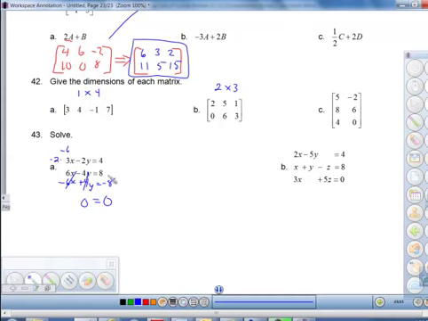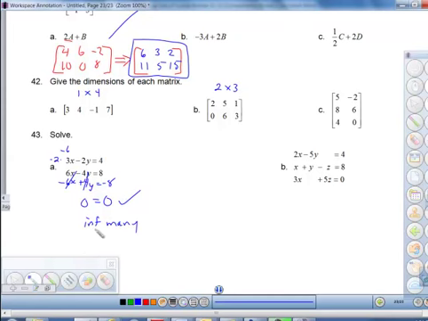Now, here's a weird situation where the variables cancel out. Here I've got a 0 on this side and a 0 on this side. Now look at this statement. It says 0 equals 0. Is that true? Yeah, it's true. So if it's true, that means that it's not no solution. It's got to be the other thing. Do you remember what the other thing is? Good. That's when it's infinitely many.